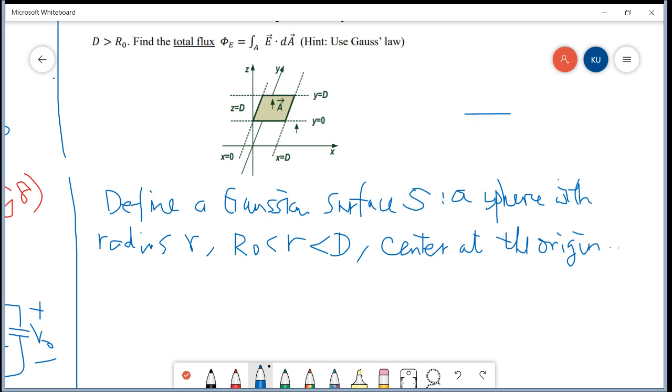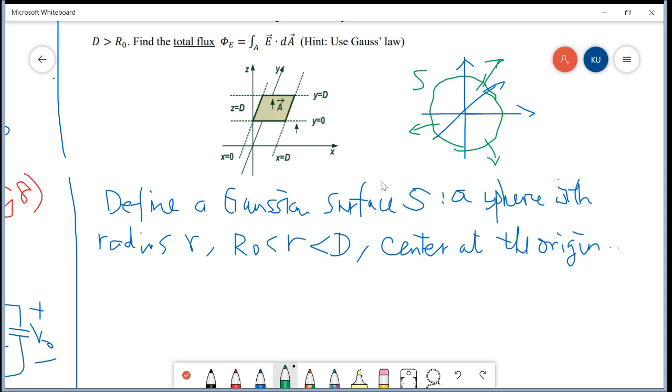So in this case we can draw a figure like this. S is a sphere like this, and there will be electric field going through this Gaussian surface.